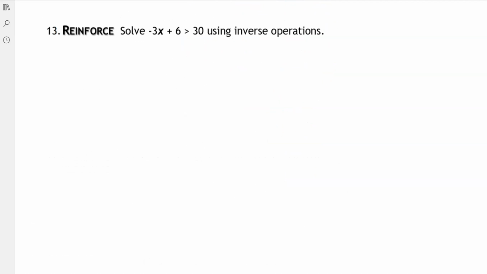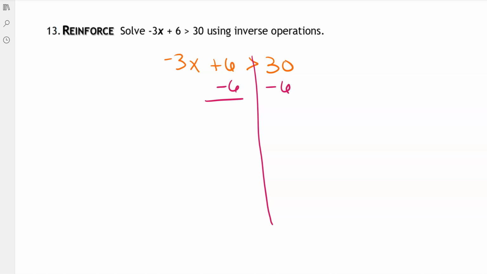Okay, let's see here. Negative 3x plus 6 is greater than 30. I'm going to draw my line. I'm going to minus 6 from both sides. That cancels out. 30 minus 6 is, what is that, 24.